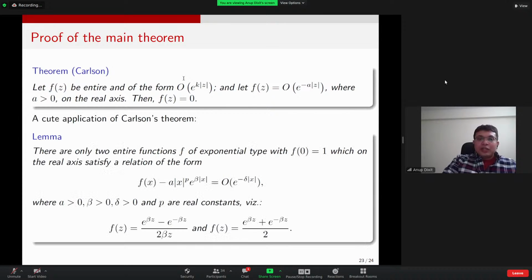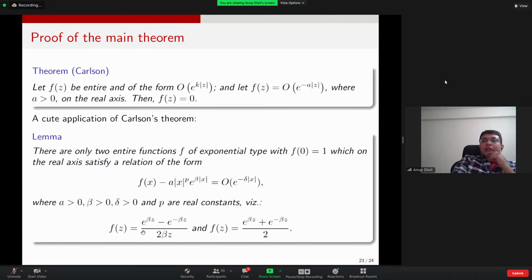But one of the cute applications of Carlson's theorem is the following. It says that if we have exactly two entire functions of exponential type, and let's fix f of 0 to be 1, such that f of x looks like a x to the p minus e to the beta x on both sides, then there are exactly two candidates which satisfy this property.